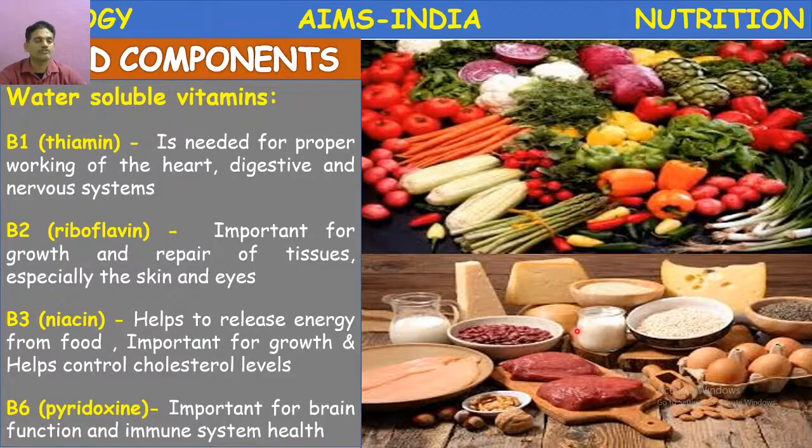Sprouted seeds are also rich sources of vitamin B complex. Next, nuts, eggs, milk, meat, liver. These are all products from animals which are rich in vitamin B complex.